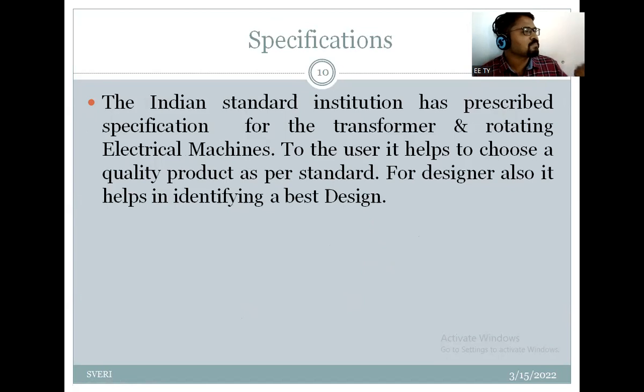Take the same example of the mobile which we have taken. If I ask you the specifications of the mobile you are using, what are you going to tell me?